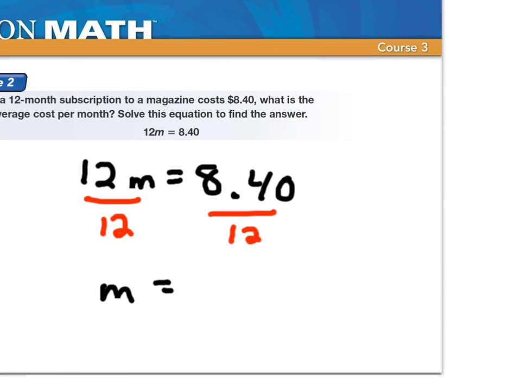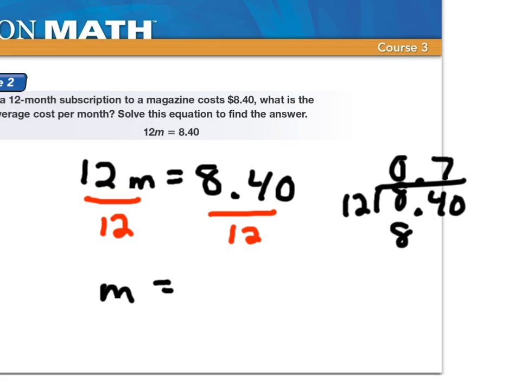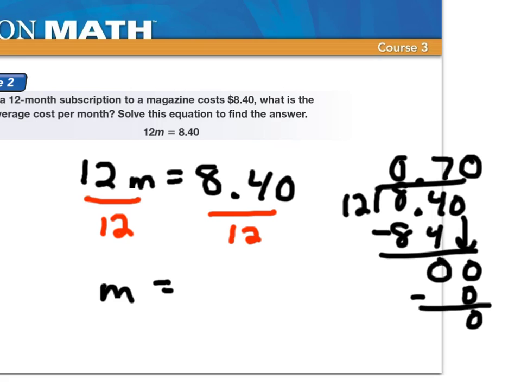So I'm going to slide this over a little bit so I can show my work. $8.40 divided by 12. 12 goes into 8 0 times. Put a dot. 12 goes into 84 7 times. And 7 times 12 is 84. Need to make sure I finish the problem out, so I'll bring down a 0 here. And 12 goes into 0 0 times. And 0 times 12 is 0. So I've got nothing left over.